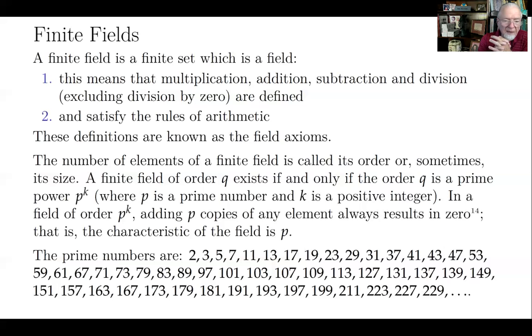So in a field of order P to the K, adding P copies of any element always results in 0. So the characteristic of the field is P. Prime numbers are the ones that we're used to, 2, 3, 5, 7, 11, and the rest of all these here.